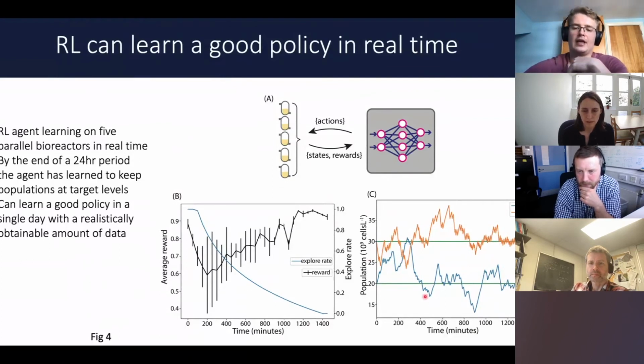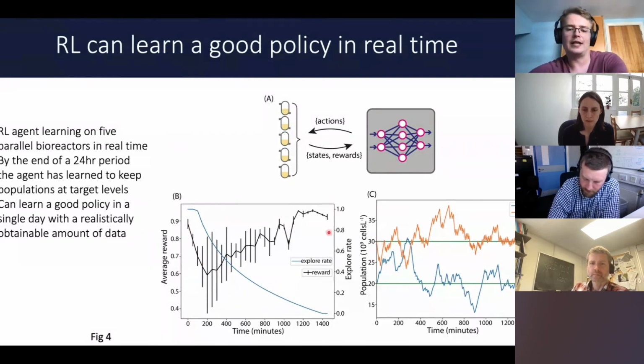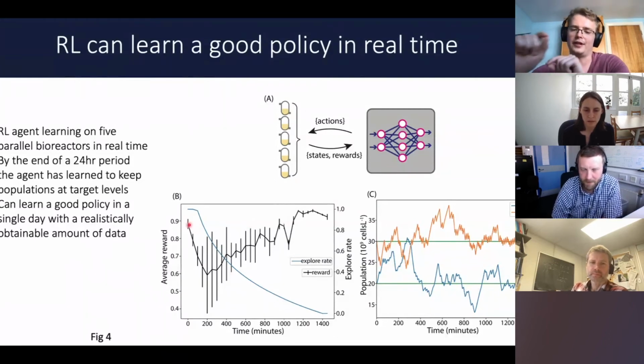This is reflected here as well. This is the reward, which is basically how close we are to the target. If you're close, you get a higher reward, and if you're far away, you get a low reward. We start at a relatively high reward because we start in the right place. But as it takes independent exploratory actions on each of our bioreactors, the reward drops, and we also get really high variance, because it's doing independent random actions.